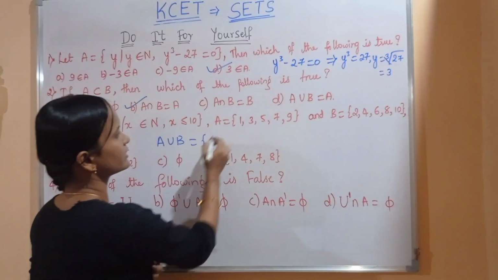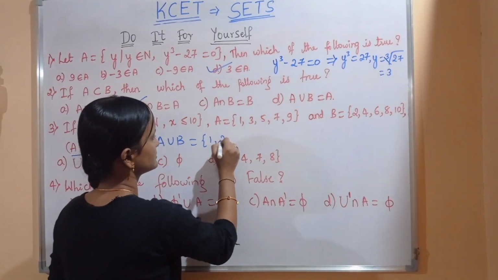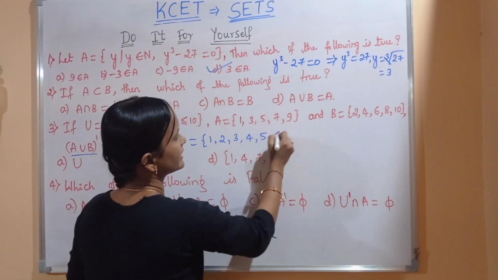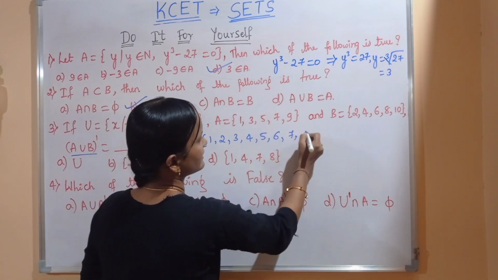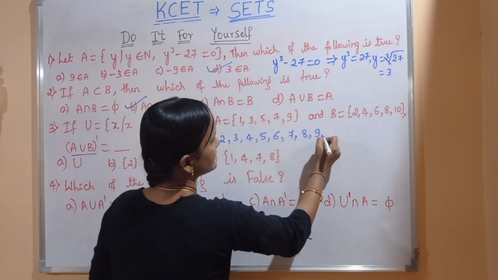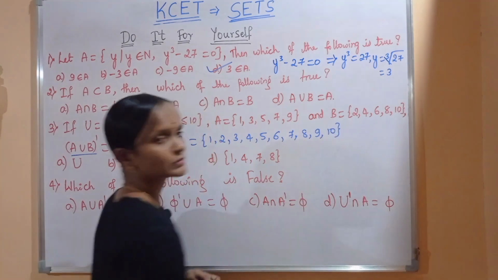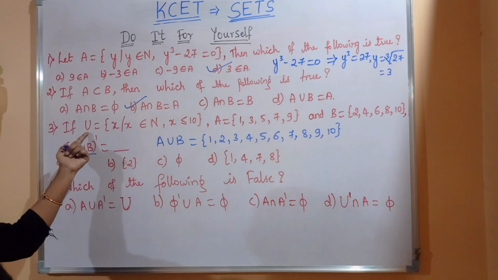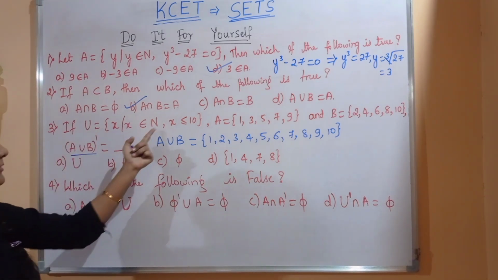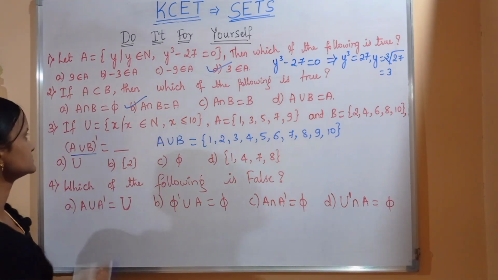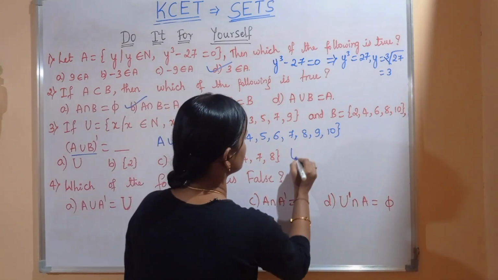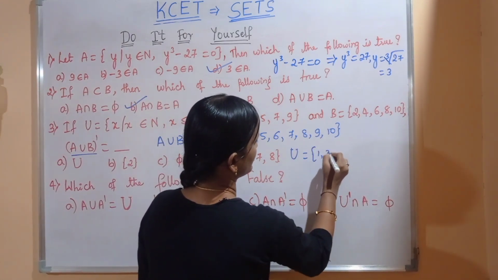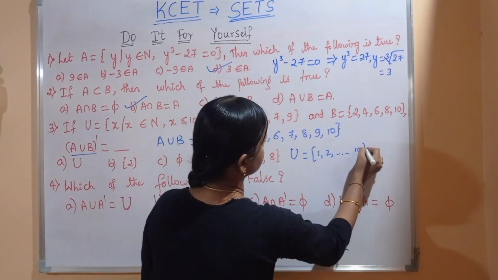Write A union B. What will you get? 1, 2, 3, 4, 5, 6, 7, 8, 9, 10. This is A union B. Next, what universal set are they given? Natural numbers which are less than or equal to 10. So the universal set will be U is equal to 1, 2, 3, and so on up to 10.